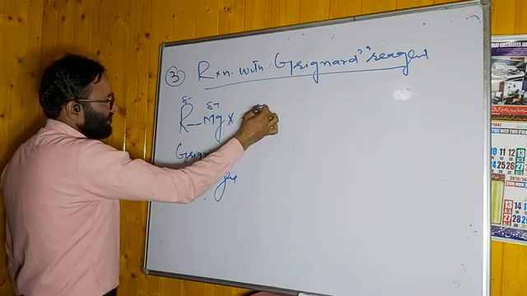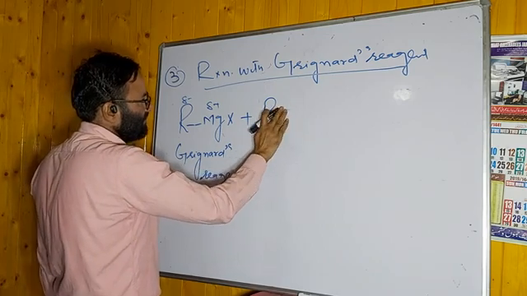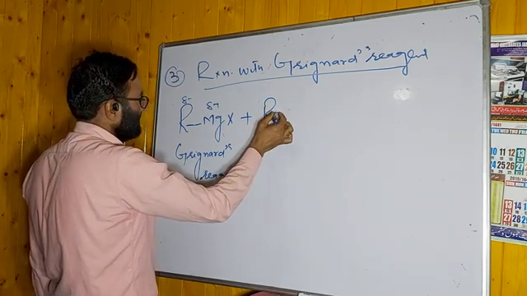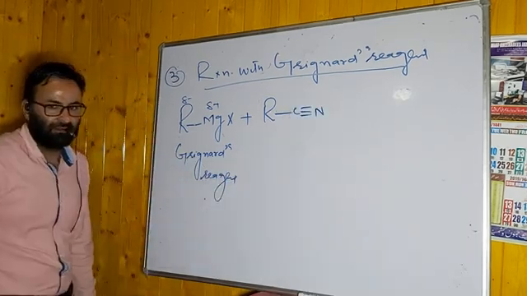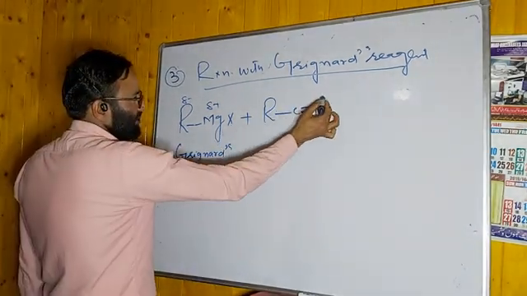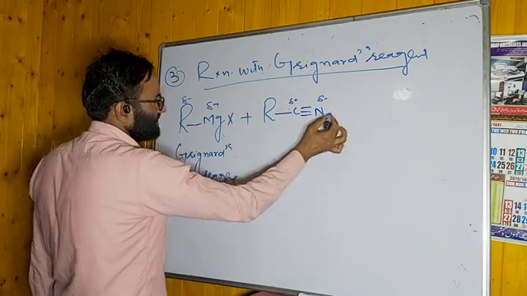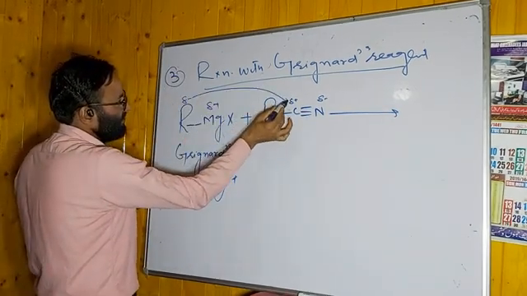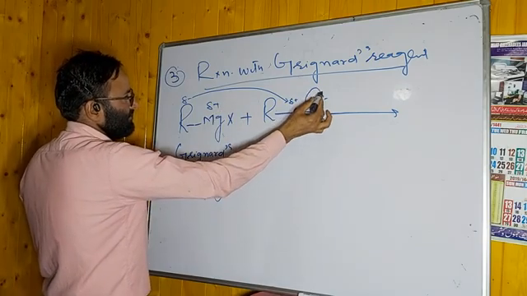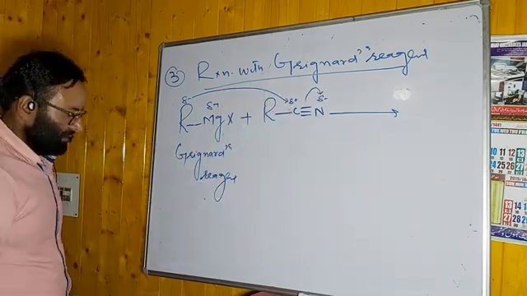Plus cyanide, or you will have, for example, R–C triple bond N. It is cyanide. What you will have here? Del minus and del plus. This minus alkyl group or carbon will attack this. यहाँ से जाएगा. This is the way. ये हमने बहुत बार पढ़ा है.